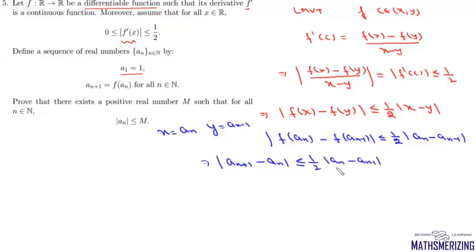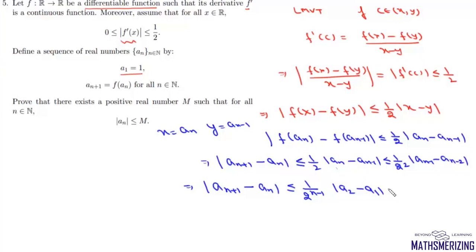Now in the same way we can write mod of a_n minus a_(n-1) will be less than 1 by 2 into mod of a_(n-1) minus a_(n-2). So it will be 1 upon 2 square mod of a_(n-1) minus a_(n-2), and if we continue like this, then we can say that mod of a_(n+1) minus a_n will always be less than or equal to 1 upon 2 to the power of n minus 1, and eventually we'll get mod of a2 minus a1.